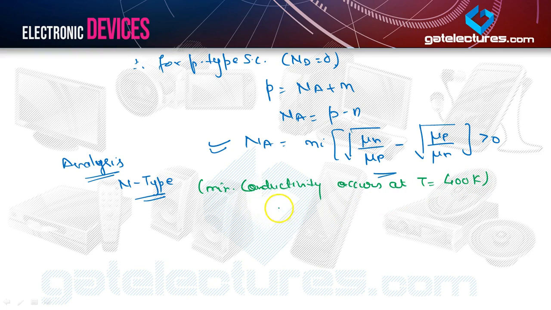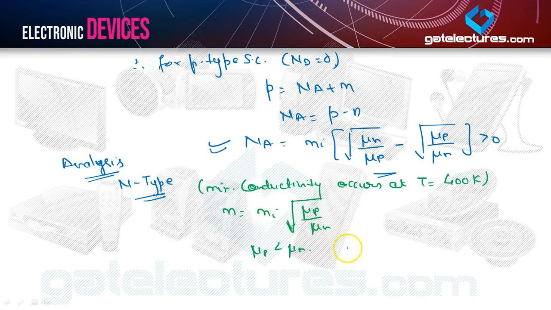Now above this, what happens to conductivity, that's what we are going to discuss. Since n is equal to Ni times the square root of mu p by mu n, and we know that mu p is less than mu n, your n will be less than p. But for n-type semiconductor, p is greater than n.